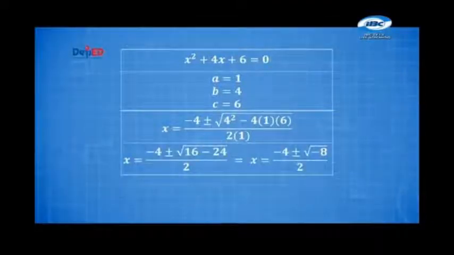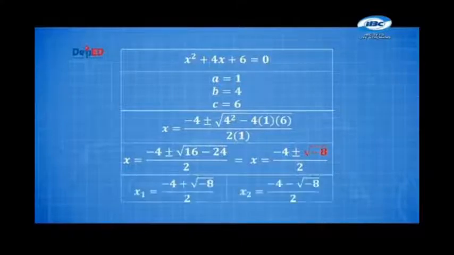Second S for simplify. There exists no number that when multiplied by itself yields a negative result. So, the square root of negative 8 stays as it is. It is, in fact, an example of an imaginary number. It is not a real number. Third S is split. Fourth S is solved for x.